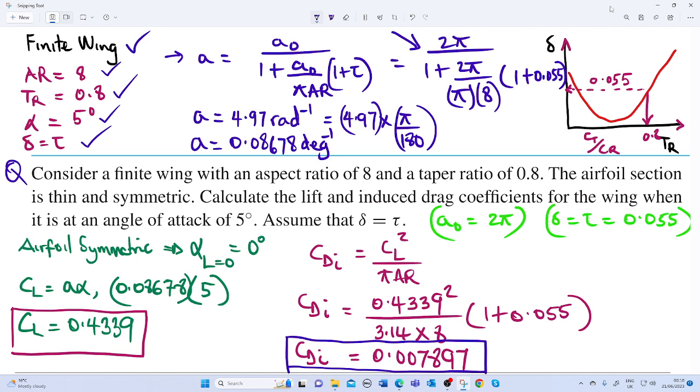Then we convert radians to per degree by multiplying by pi over 180. That gives us 0.08678 per degree.